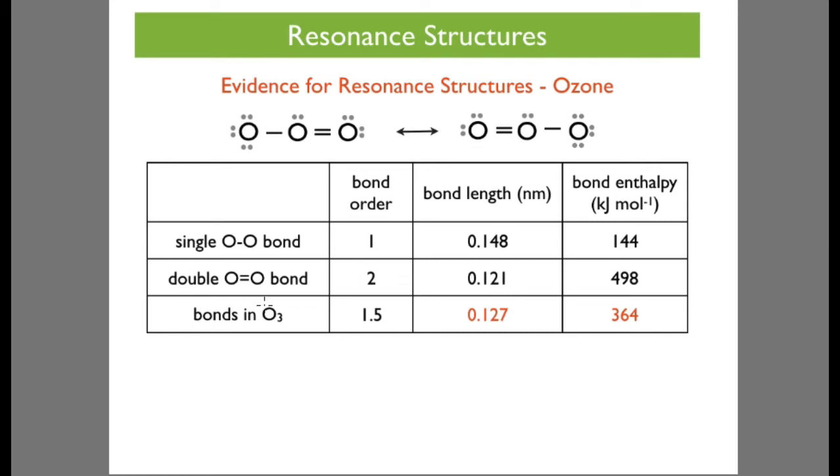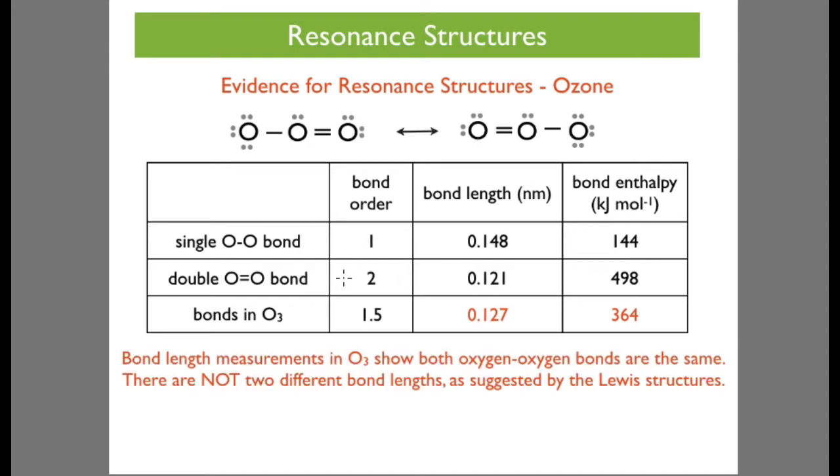But the bonds in ozone are actually, the bond length is 0.127, which is between these 2 numbers. And the bond enthalpy, again 364, is between these 2 numbers. So it is intermediate. You can see the bond order, it's 1.5, falling between 1 and 2 of the single and double bonds.